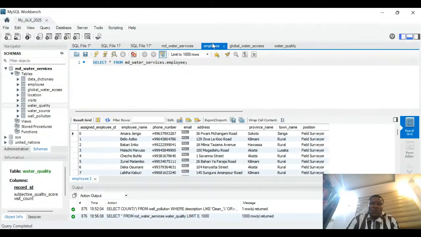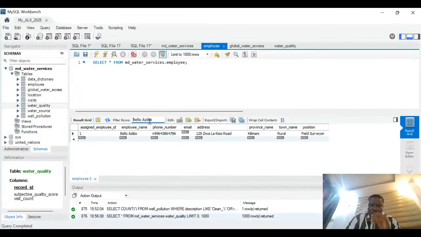If you want to see what Bello Azibo's number looks like at the moment before the update, you can just put in Bello Azibo, and you can see from here, is it the same as what we have been given? This is 996438647886.